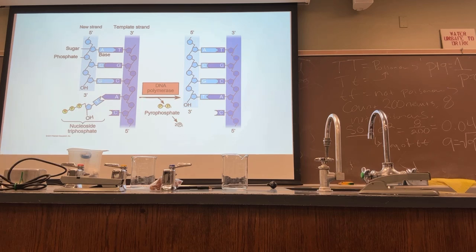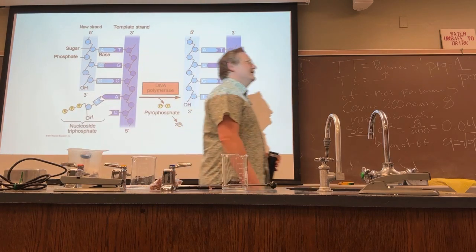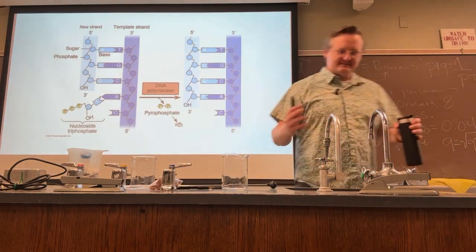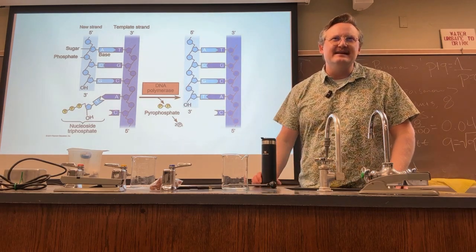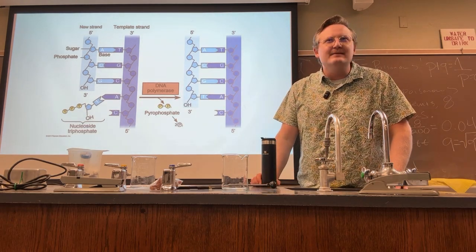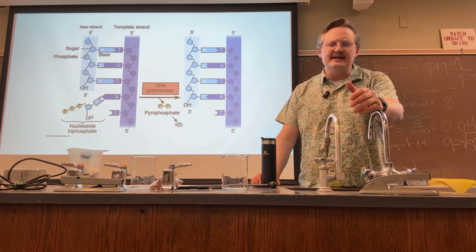That's not how the enzyme works. But you can add to the 3' end. You break off these two phosphate groups. Two inorganic phosphate groups joined together are called a pyrophosphate. A lot of energy is emitted when you break off a pyrophosphate. Heat gets emitted.